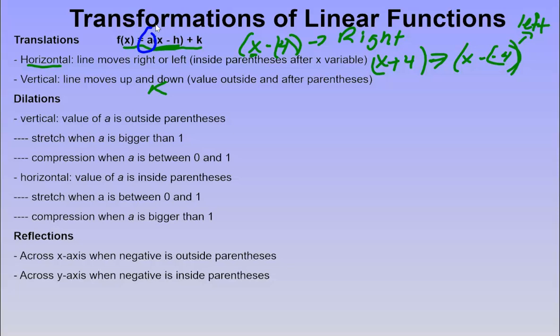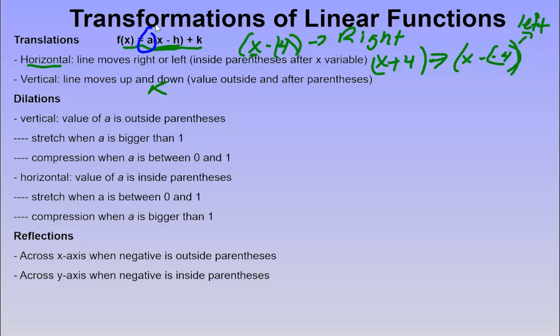For a vertical stretch, the absolute value of a is going to be bigger than 1. And if the absolute value of a is between 0 and 1, that means it's going to be a fraction or a decimal between 0 and 1, then that would be a vertical compression.